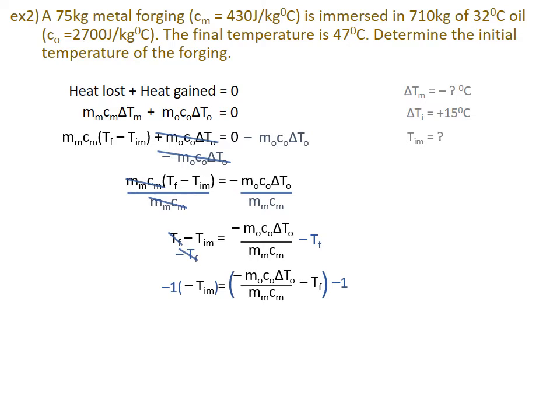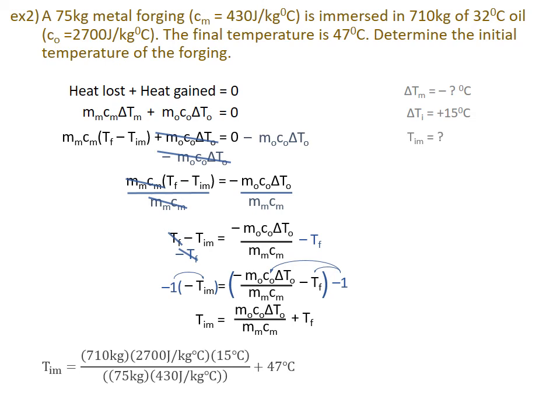When the -1 goes into the brackets on the left, that turns Tim into positive Tim. And the -1 gets distributed into the brackets, so it multiplies the first term, turning it positive, and multiplies the second term by -1, which also turns TF positive. Now I've got Tim all by himself. Now I can sub my numbers in and solve.